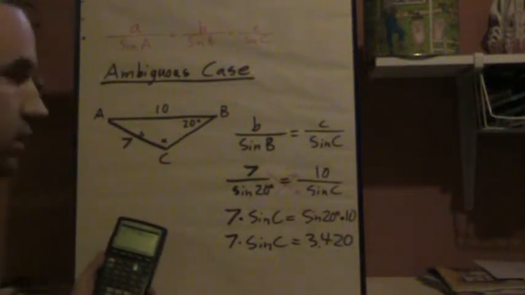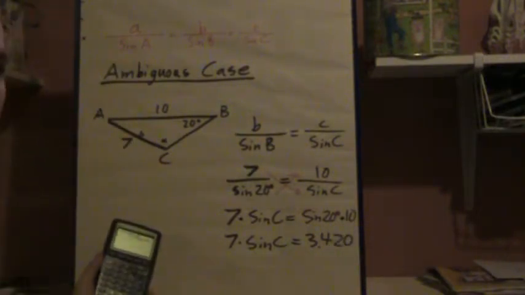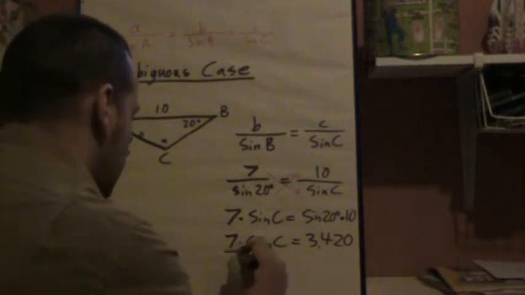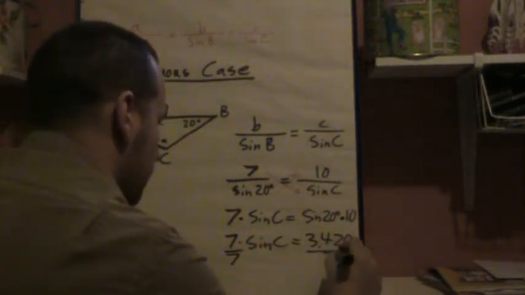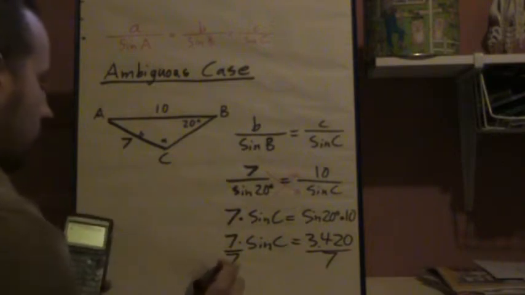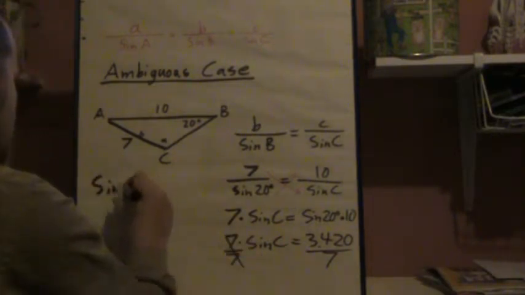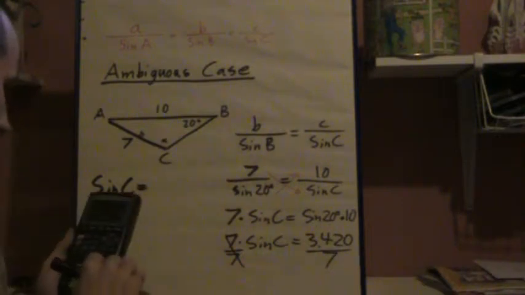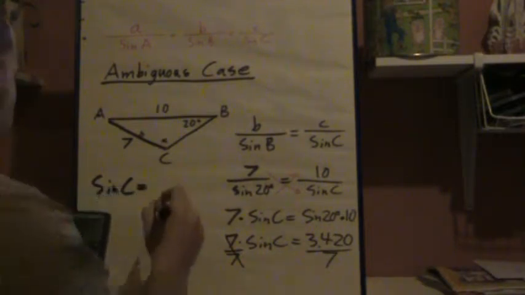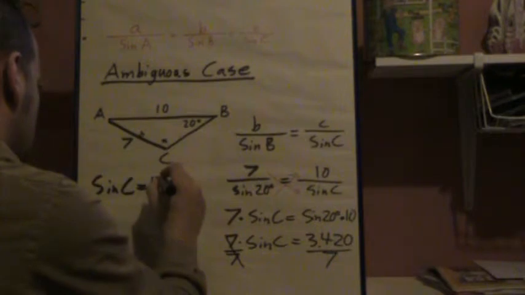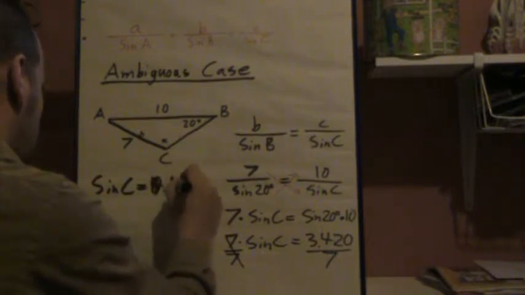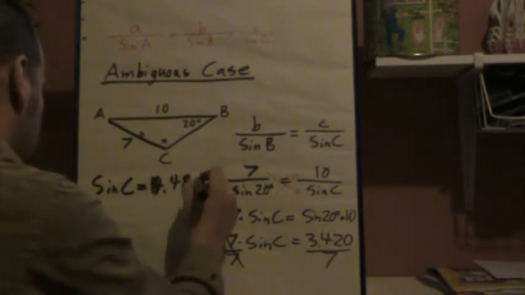Now in order to solve for C, I have to divide both sides by 7. That'll cancel that out, and I get that the sine of C is equal to 0.489.